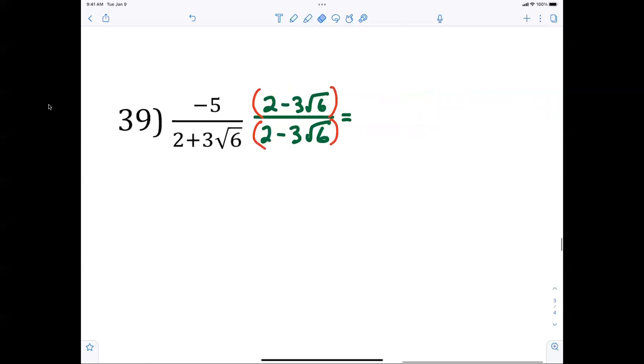So tell me the top, the numerator, buddy. Negative 10 plus 15 radical 6. That is perfect so far. Exactly. Then on the bottom, 4 plus 4 minus 9 times 6. Exactly. Stop there for a second. Very nice. That is perfect. Because again, the middle term canceled out.